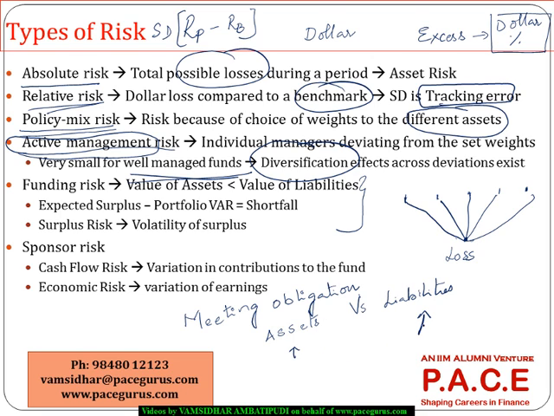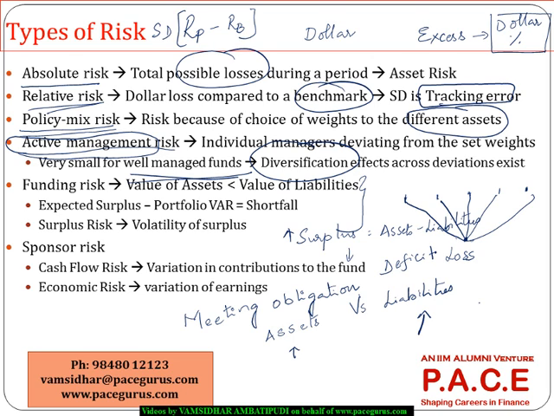So assets may not be sufficient to pay your liabilities, and the surplus, which is defined generally as assets minus liabilities, may start falling. Initially, probably the surplus may be higher, but over a period of time, the surplus may keep coming down, or probably it can even turn into a deficit.